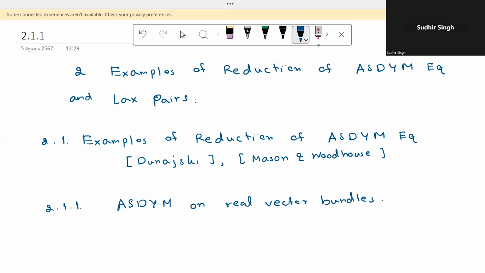Okay. And example one, this is an example of an integrable system, which is a reduction of anti-self-dual Yang-Mills. And the equation I want to talk about is the twistor equation, which is this equation here.